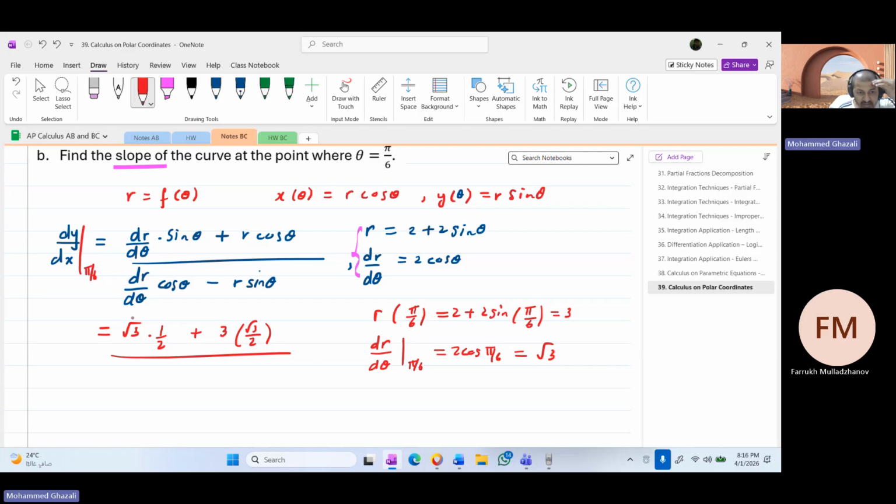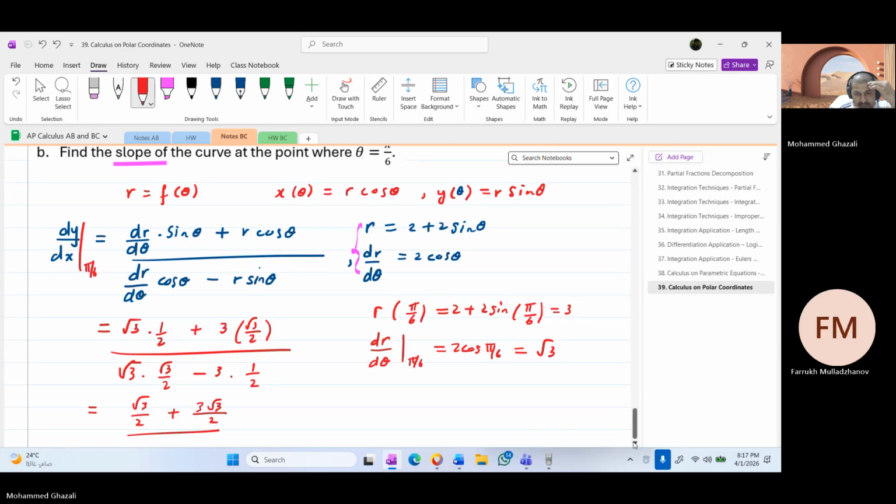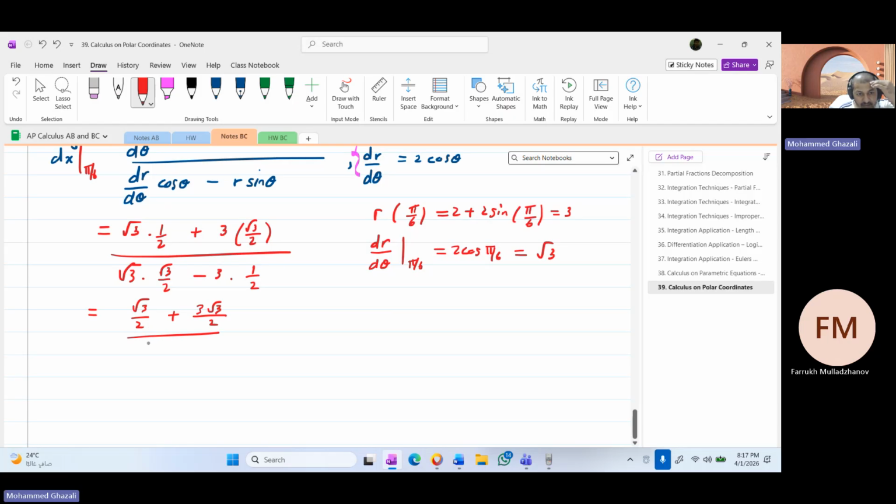Denominator: dr/d theta is root 3, cos is root 3 over 2, subtract r, which is 3, times sine, which is a half. So you get root 3 over 2 plus 3 root 3 over 2, divided by 3 over 2 minus 3 over 2.